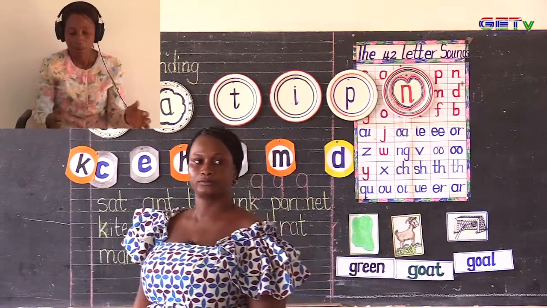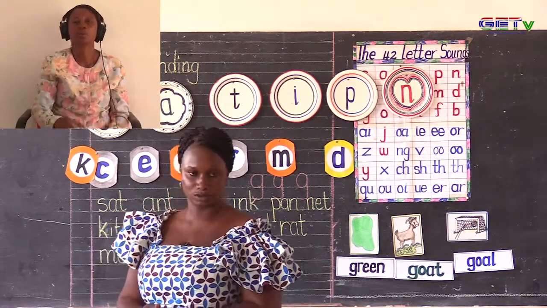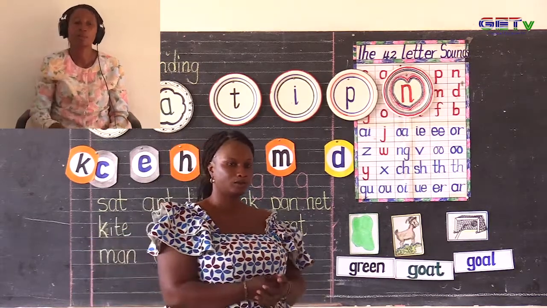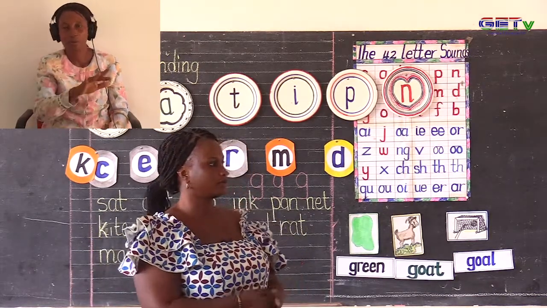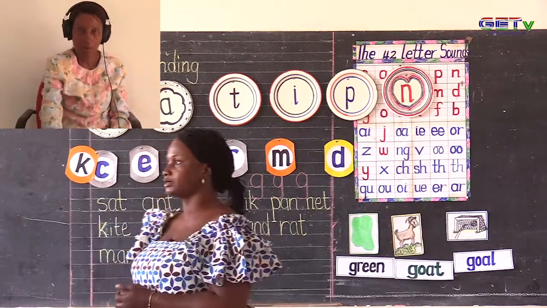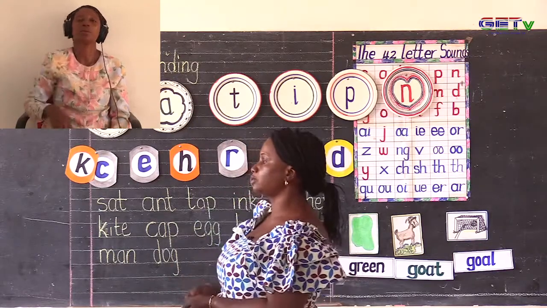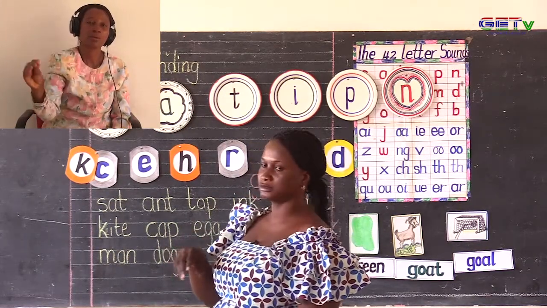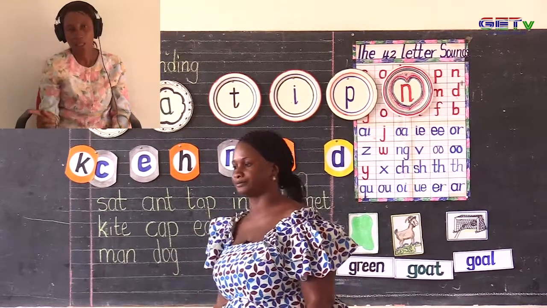Now, we're going to sing the song. And it goes like this. The water gurgles down the drain. The water gurgles down the drain with a G, G, G, G, G. Can we go again?